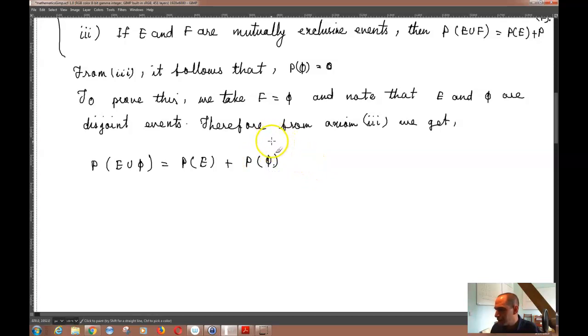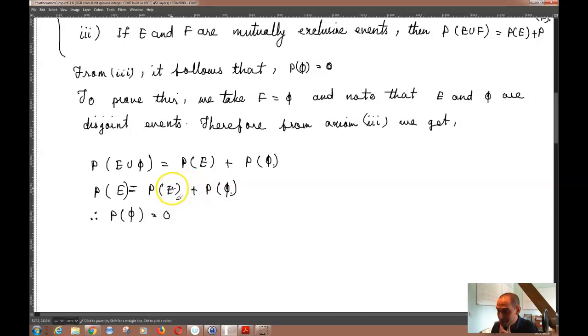Now of course over here E union phi is E itself, so you can say that P of E is equal to P of E plus P of phi, which means that P of phi is equal to 0, right?